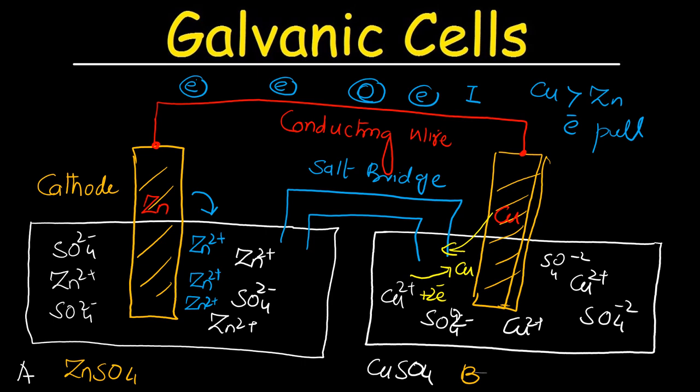The neutral copper atom is not stable in a solution, so it will connect with the copper plate. So the number of Cu2+ ions will decrease, whereas on the A side the zinc ions are increasing.